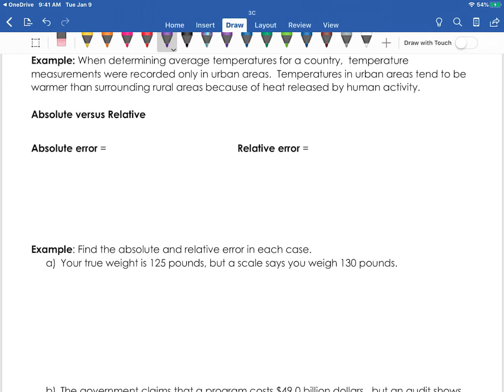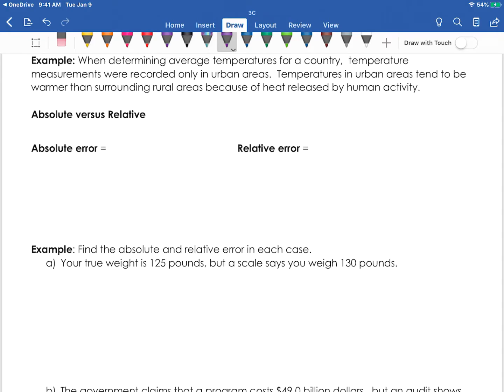This is basically the same idea, but we're applying it to errors. The absolute error is the difference between the measurement and the true value, and the relative error is the percent change from the measurement to the true value. So it's basically the same calculation we did before.